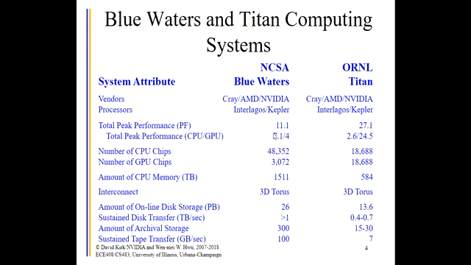The Blue Waters system has a lower peak performance. It had about 11.1 petaflops, but in fact this is now 13, so it has been enhanced because of the additional GPU capability. So it's about 13 petaflops. For those of you who are not familiar with these numbers, mega is 10 to the 6th, giga is 10 to the 9th, tera is 10 to the 12th, and peta is 10 to the 15th.